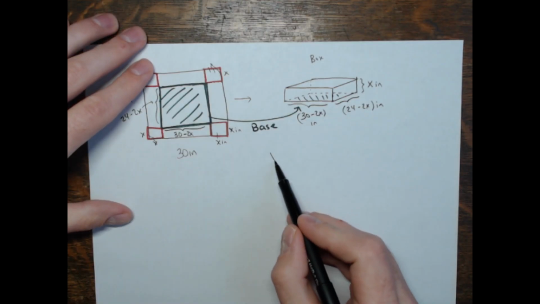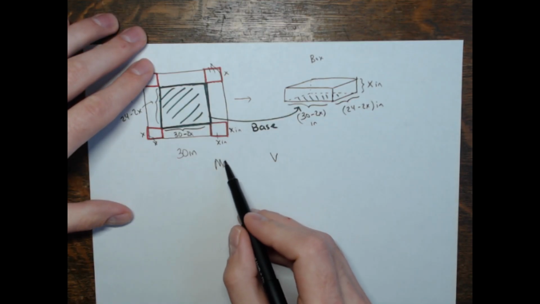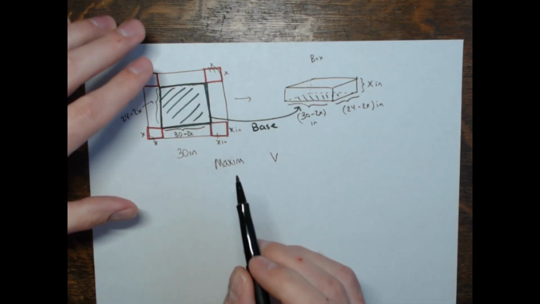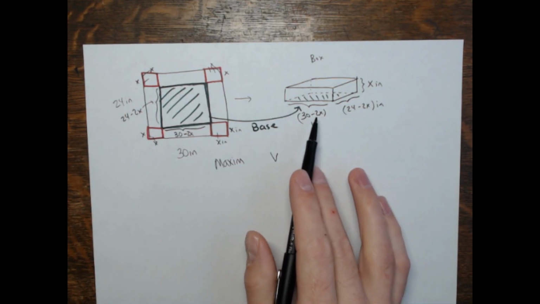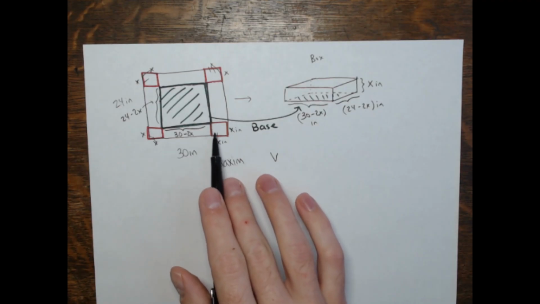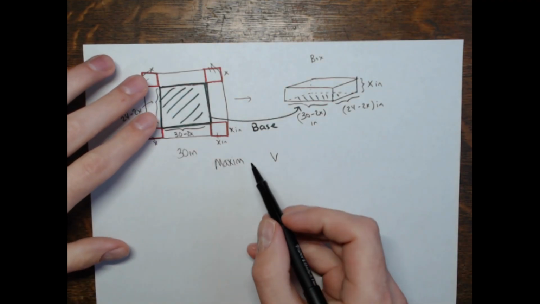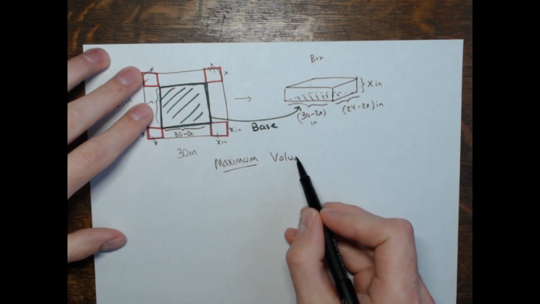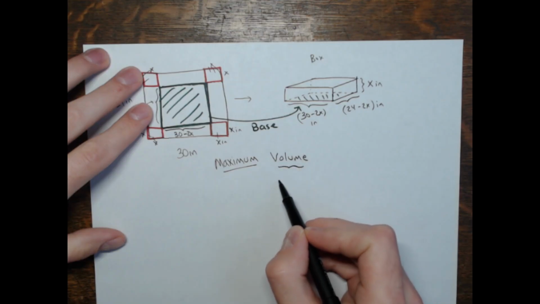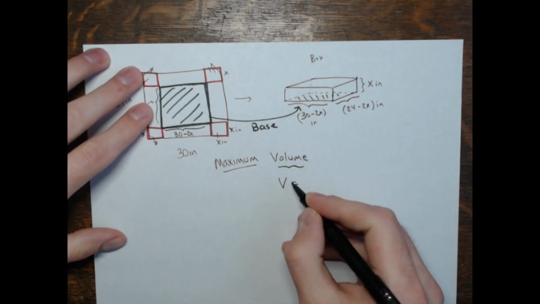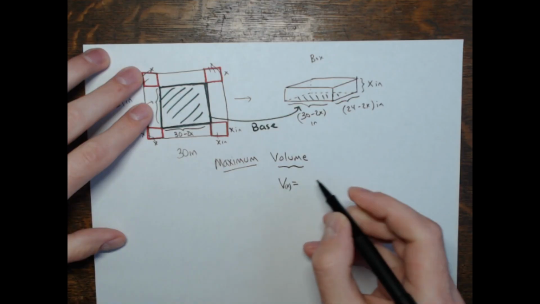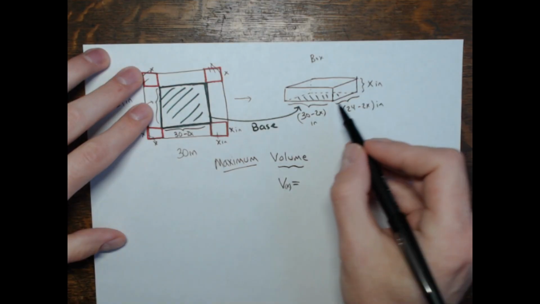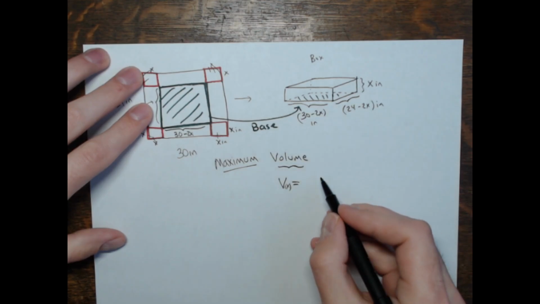So now we can do the volume, right? We're asked to maximize the volume. They want us to find the value of this x. How big should these squares in the corners be cut off so that we get maximum volume? All right, so again, I'm going to call volume V. Now this is going to be a function of x, so you can say V of x equals length times width times height.